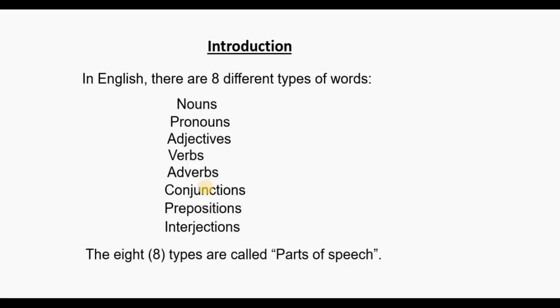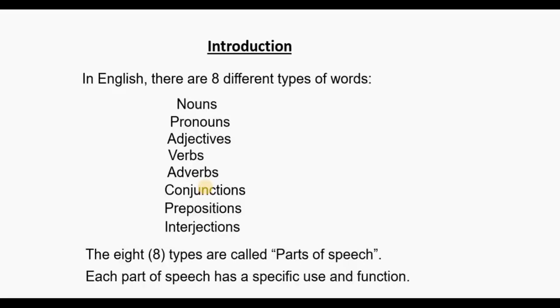And the 8 types are called parts of speech. Each part of speech has a specific use and function, and in this lesson, we will look at each of them.